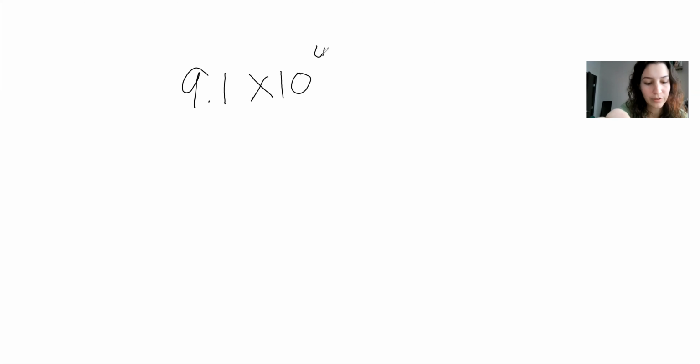All right, so when we look at numbers in scientific notation, we're really just moving the decimal place. So let's look at 9.1 times 10 to the 4th.